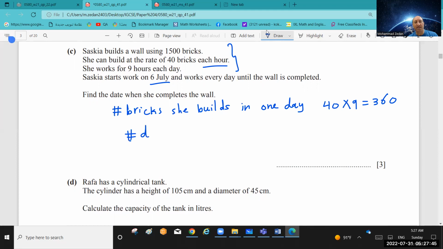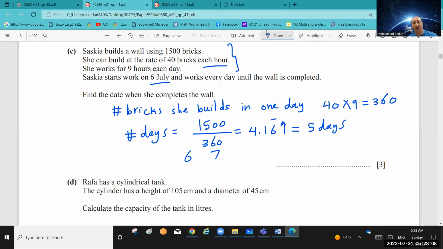The number of days she needs is the total number of bricks, 1,500, over the number of bricks she builds every day, which gives you 4.16 recurring. So she needs 5 days to complete. Always we round up in this case. She starts on 6 July, so 6, 7, 8, 9, 10. These are 5 days, 1, 2, 3, 4, 5. So on the 10th of July, she will finish the whole building, the 1,500 bricks.